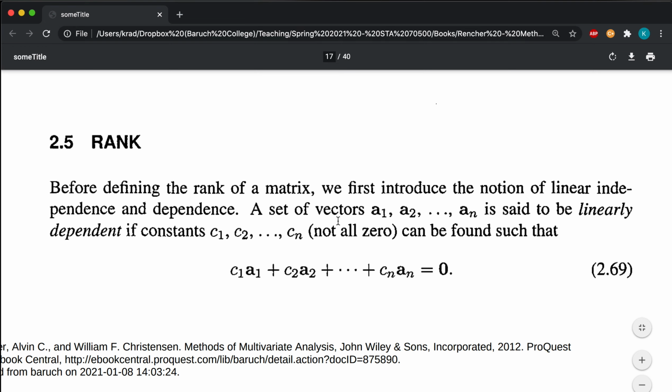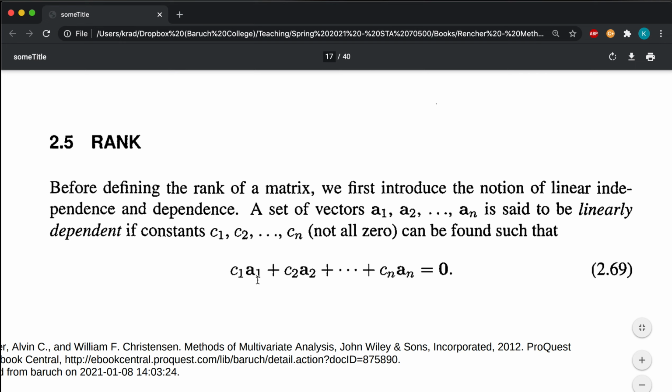A set of vectors a1 to an is said to be linearly dependent if constants c1 to cn, not all 0, can be found such that this is 0. What does that mean?